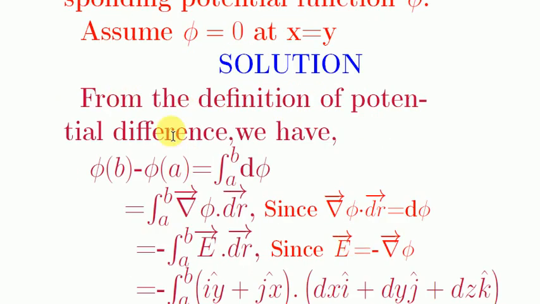From the definition of potential difference, we have phi b minus phi a equal to integration a to b d phi.